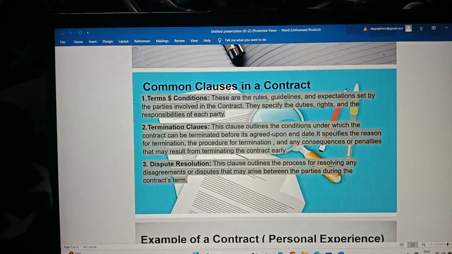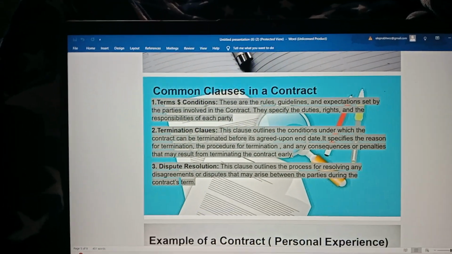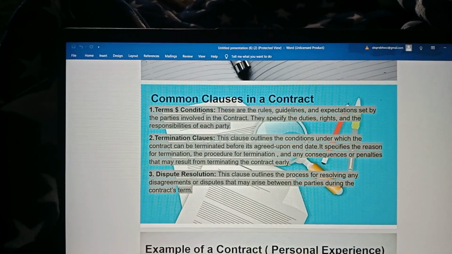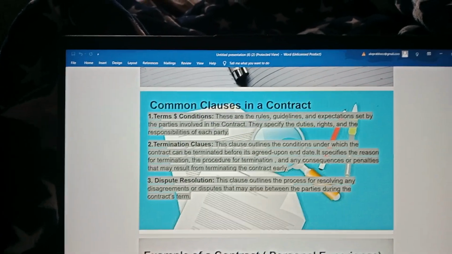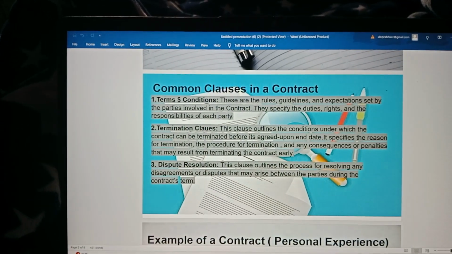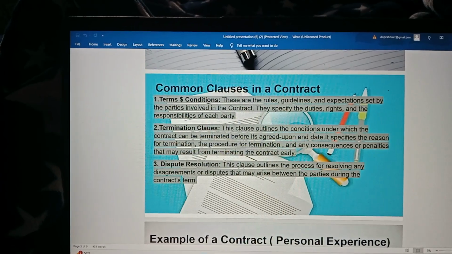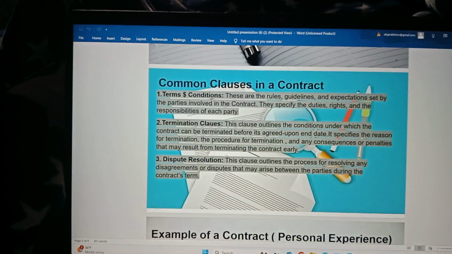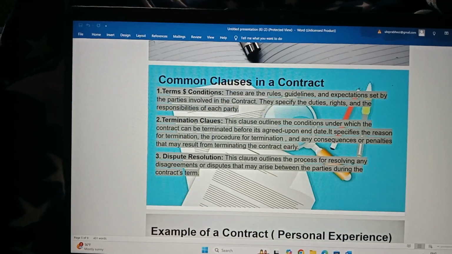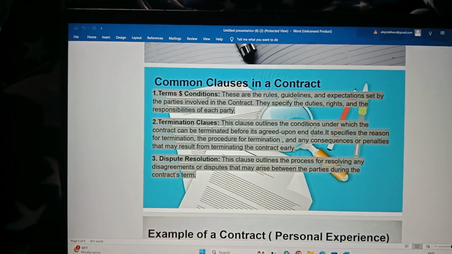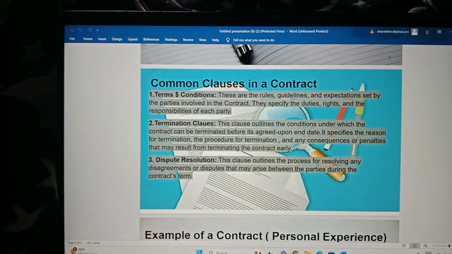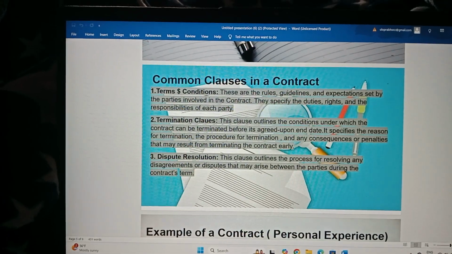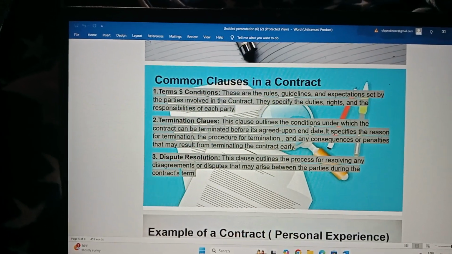So the next slide is going to talk about common clauses in a contract. We can see that there are 3 points. First is terms and conditions. These are the rules and regulations and guidelines and expectations set by the parties involved in the contract. They specify the duties, rights, and the responsibilities of each and every party.